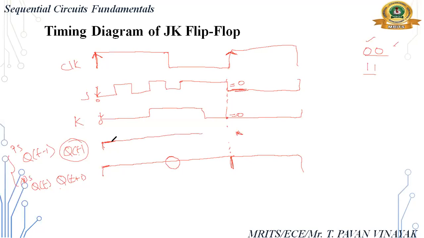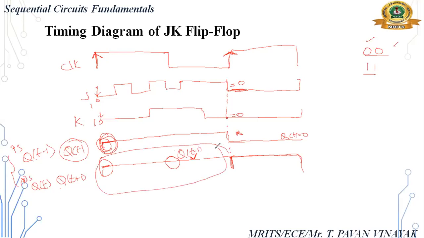I am taking like this here. Even though Q of t is 0, you have to consider this previous state only, because it is 1 now. Only when the initial condition is 0 0 or 1 1 do you check for Q of t this one. For the next clock pulse, Q of t minus 1 is this one, the previous state.